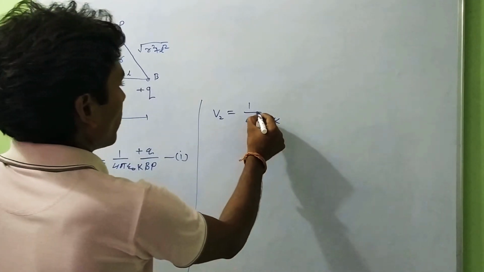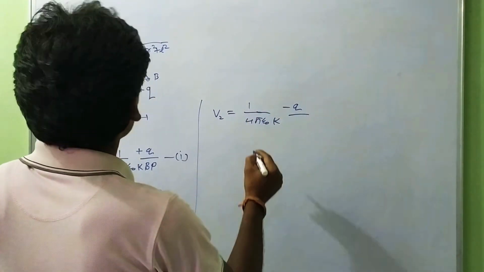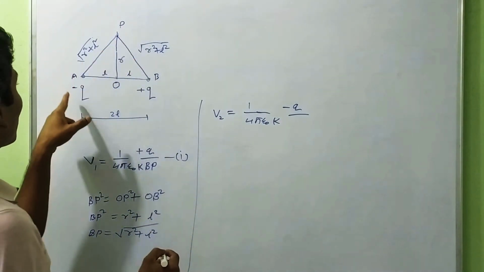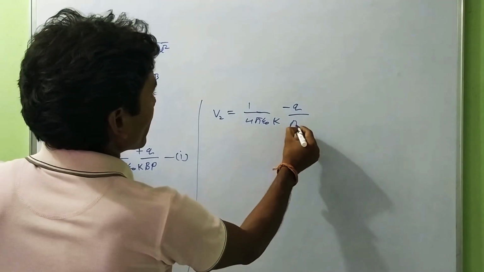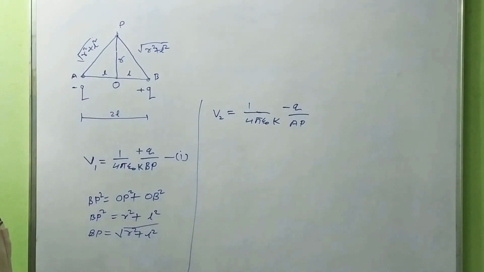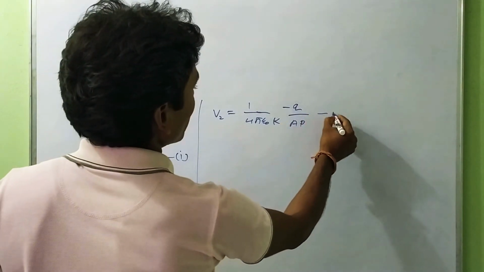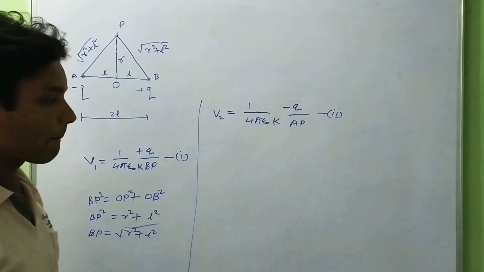Now minus Q upon distance of P from A, which is AP. This is equation second.